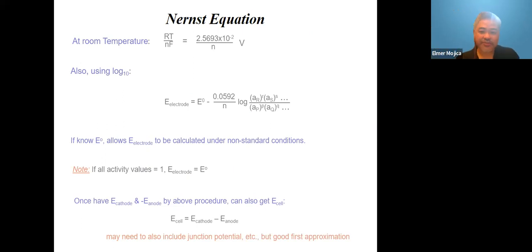So at room temp, yung tinatawag nating RT over nF, you can simplify it as 0.02569 divided by the number of electrons that is involved. You can also use it in terms of log. Okay, 0.0592 over n.